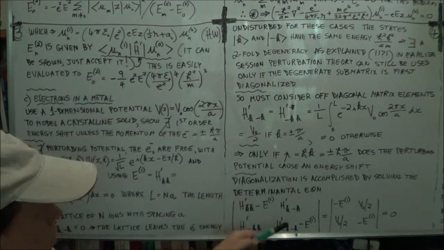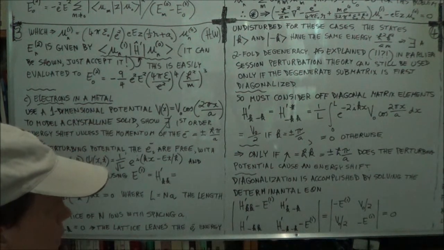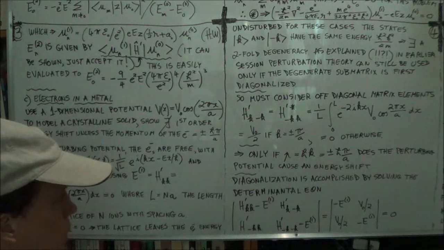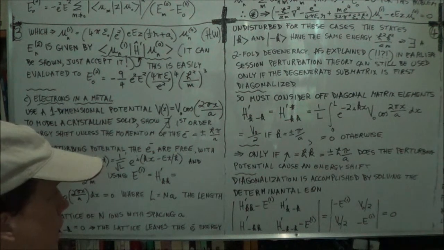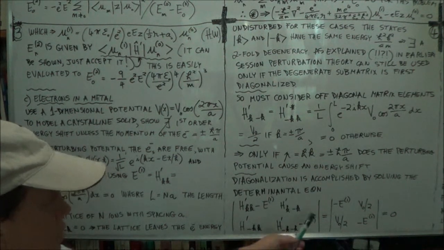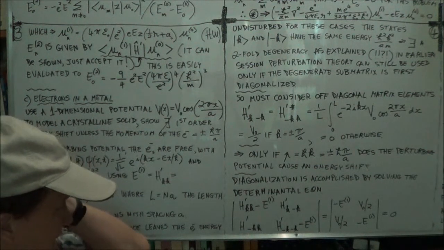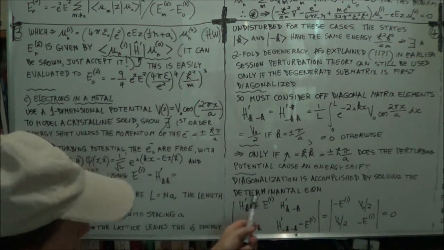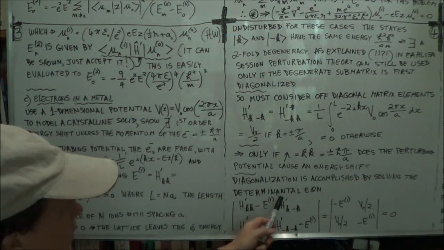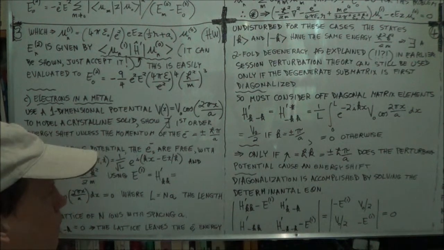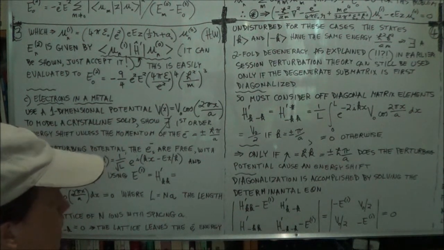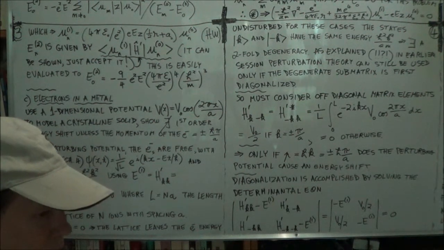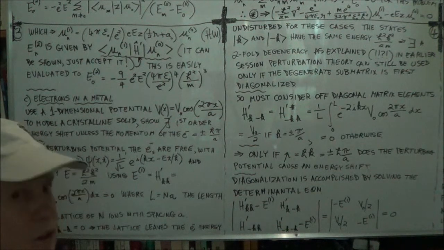Now he's assuming that you do know how to diagonalize a matrix, and it usually involves solving a determinant. A determinant of what? Well, he's not telling you, he's just assuming you know. So diagonalization is accomplished by solving the determinantal equation. That's also from linear algebra.